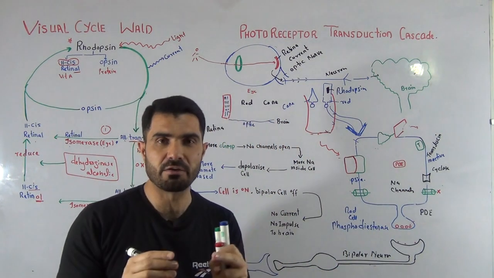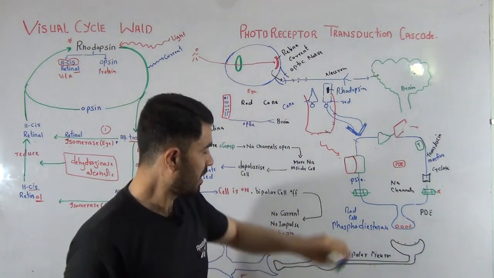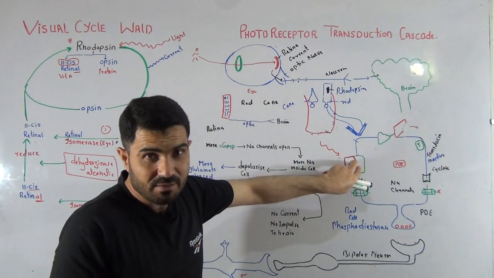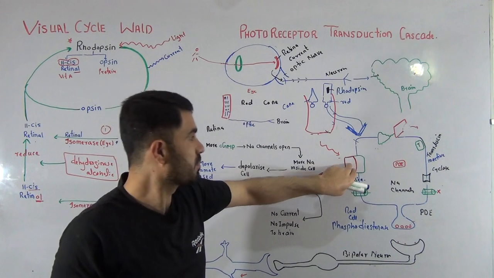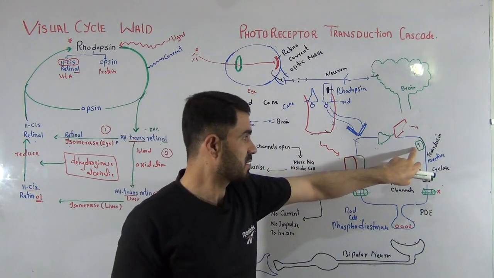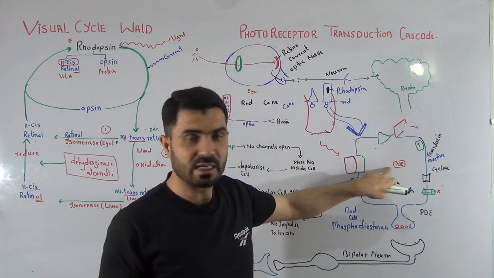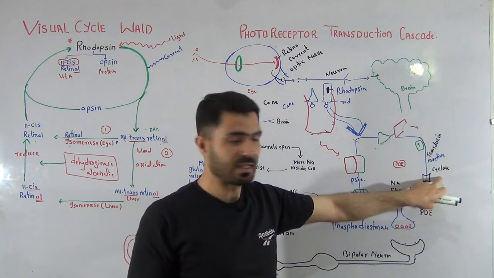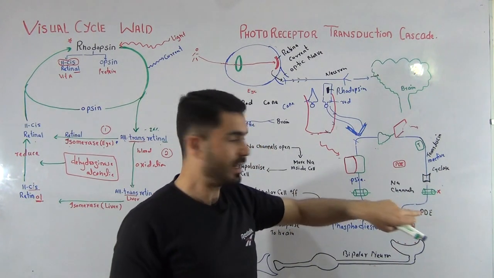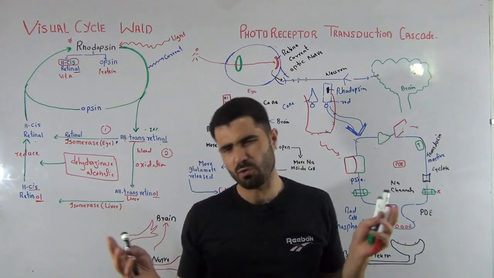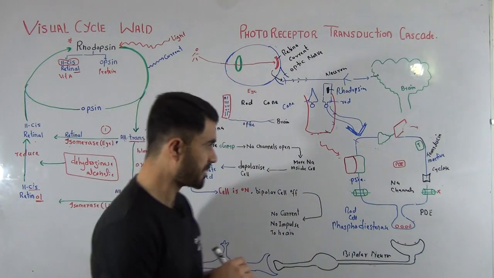So what we have in a single rod cell is rhodopsin, of course the most important thing, transducin, the phosphodiesterase enzyme, guanylyl cyclase, and the channels. These 4-5 objects are there.